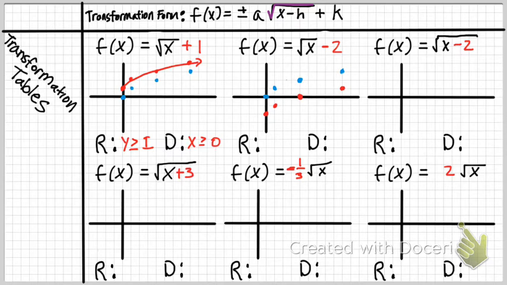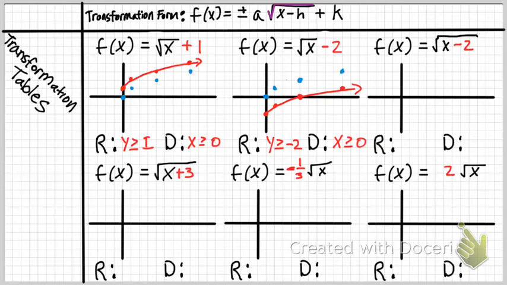All right, and we connect our function. And there we go. It's a nice gentle curve here. You see how it's not exactly a straight line. It is a curve, so make sure that your graph is curved here. So now my range is going to be y is greater than or equal to -2. Domain is still x is greater than or equal to 0.